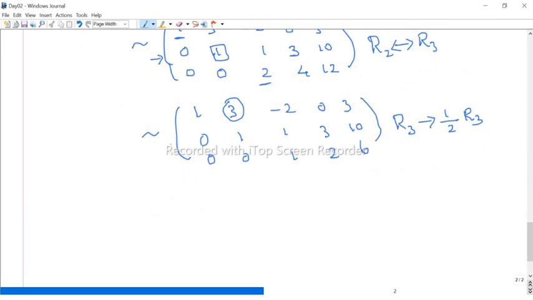Now look at the second row. We have to make the entry above the leading entry 0, but here the entry is 3.